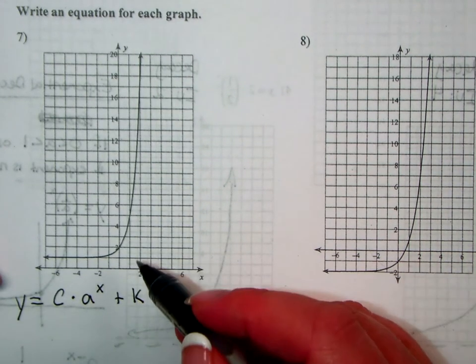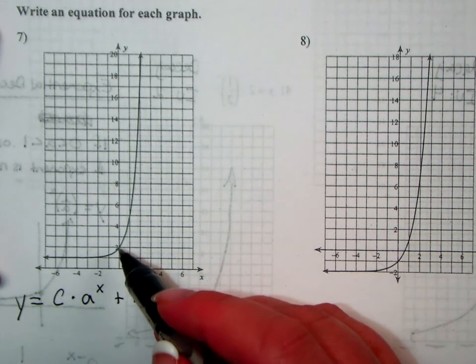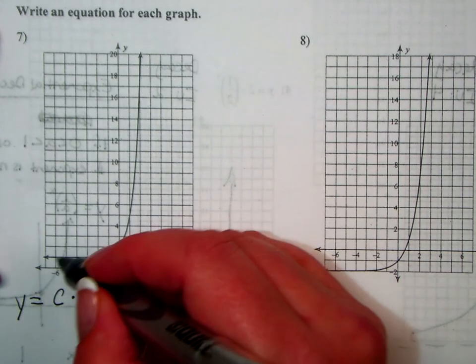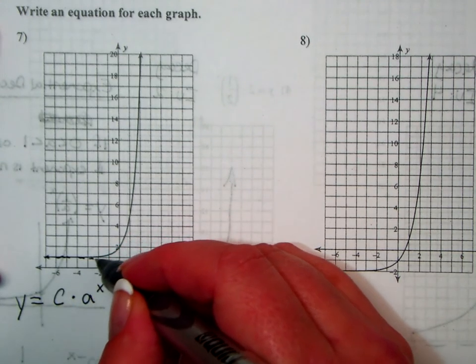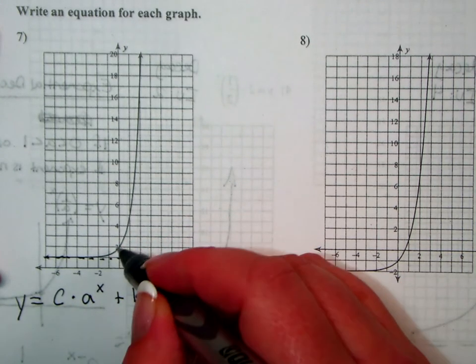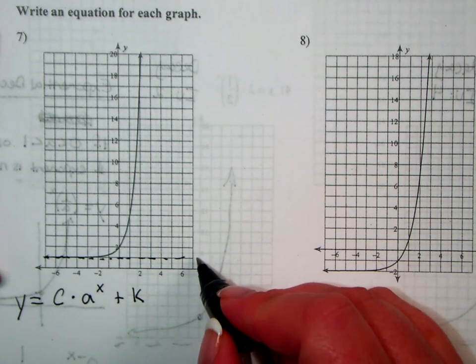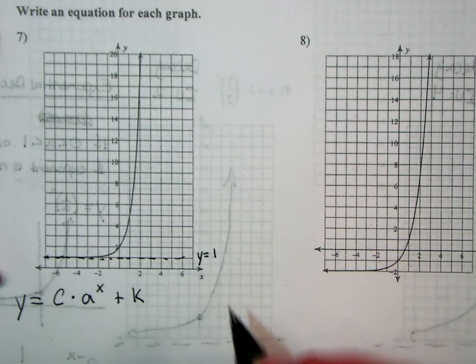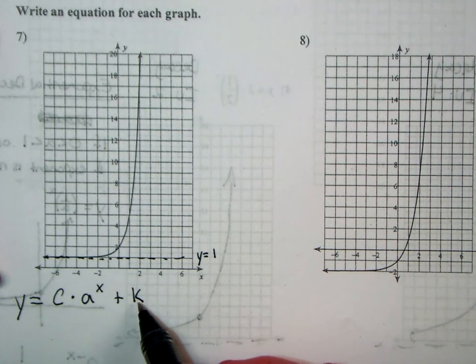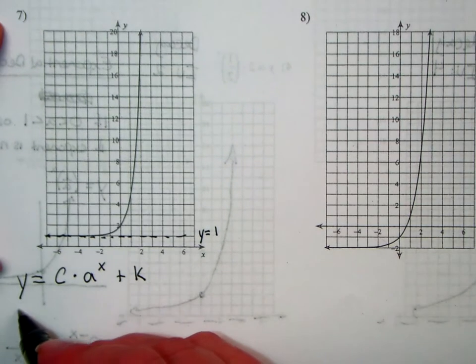So it looks to me like the asymptote here is at 1, because this function is decreasing and it's not going to go below 1. So that tells me the horizontal asymptote is at 1, so I already know the k value. I'm going to go ahead and fill that in.